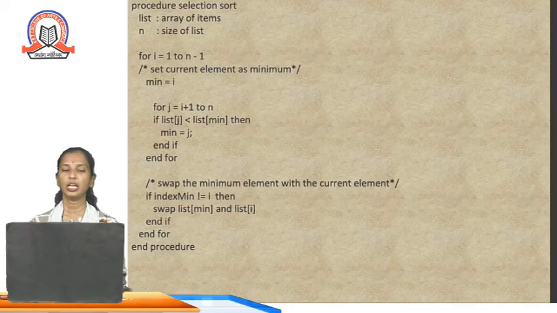If the index min is not equal to the variable i, then the elements at min and list of i are interchanged. That's how our process stops. So whenever a particular value is less than the minimum, the interchange is done. This is how the process of selection sort basically goes ahead.